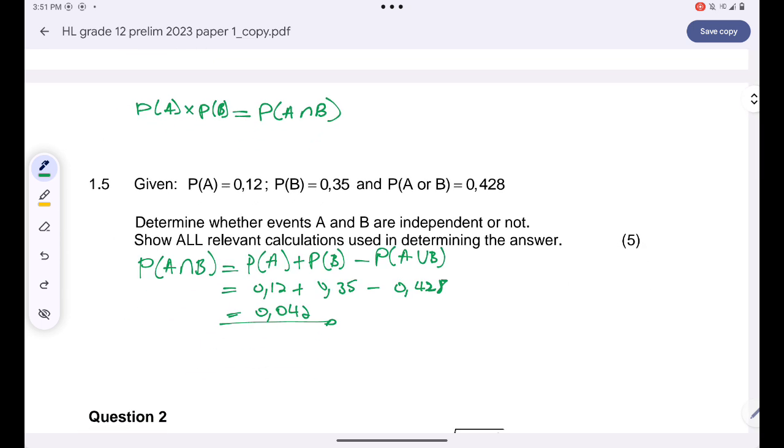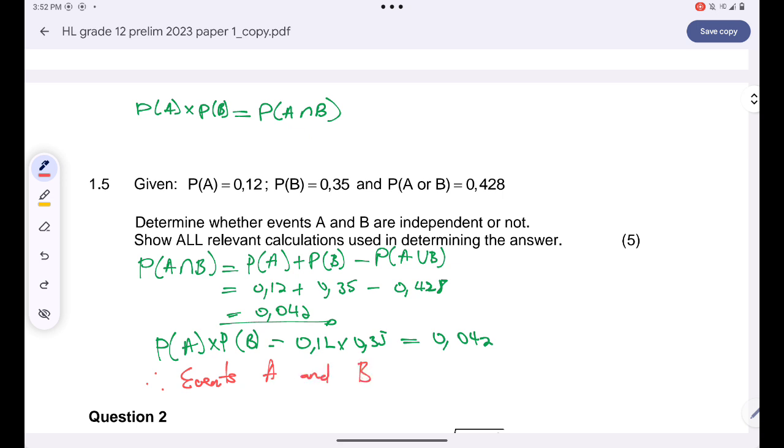Are you together? Okay, and now let's find the probability of the product of A and B. That's just 0.12 multiplied by 0.35. This will also give us 0.042. So therefore, in red, events A and B are independent.